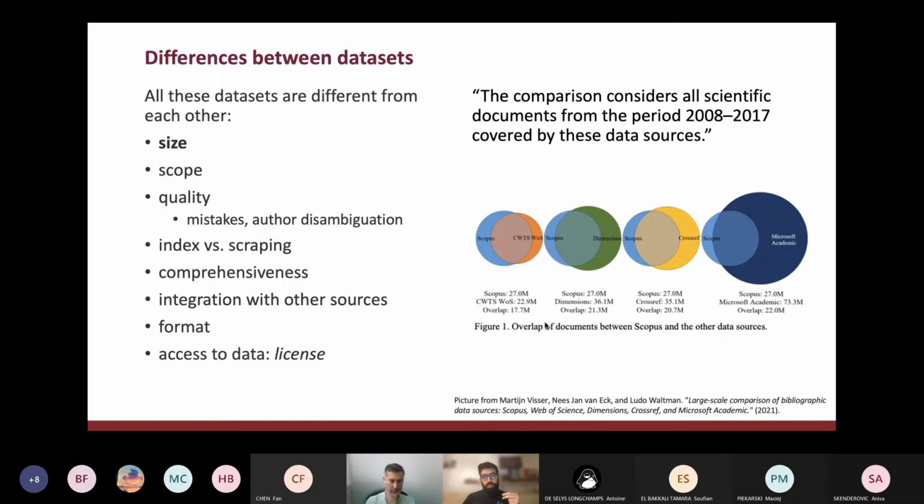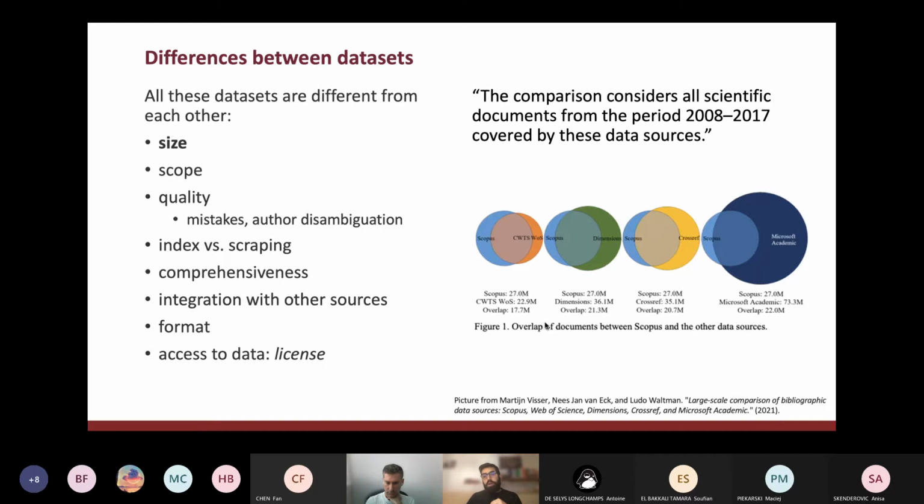What you see on the right hand side is a comparison between 5 different datasets: Scopus, Web of Science, Dimensions, Crossref, and Microsoft Academic Graph. As you can see, this is the comparison in terms of size and how they overlap.